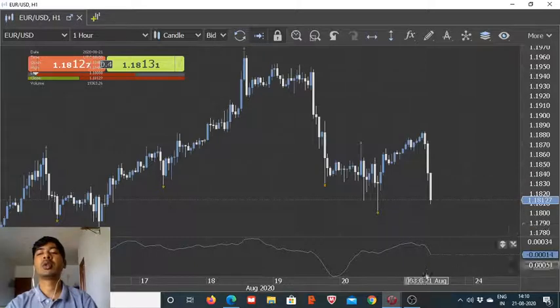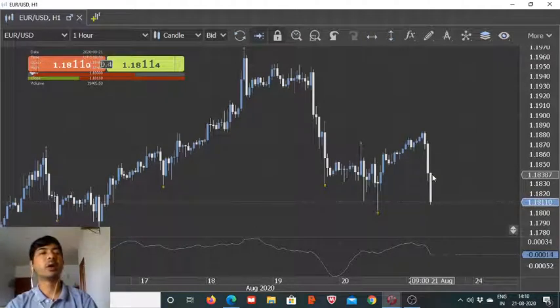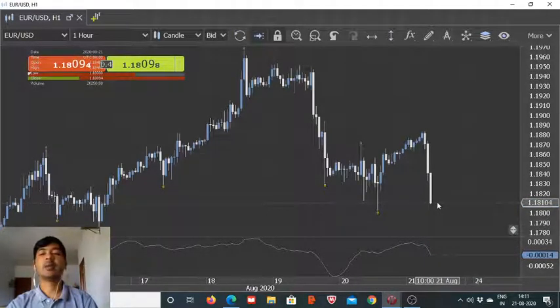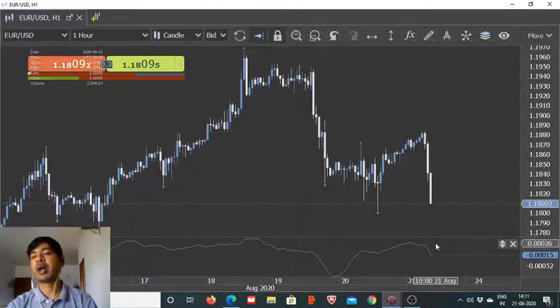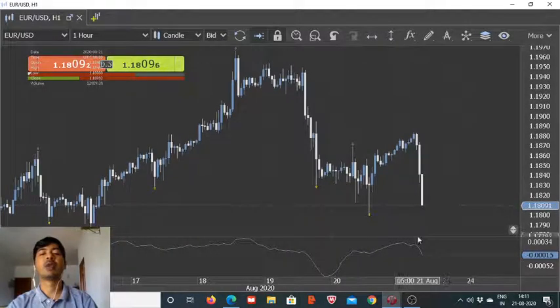Suppose we are looking at the value for 14 time periods, that means the linear regression value for the last 14 time periods was calculated on these 14 candlesticks of Euro USD, and then individually the linear regression slope, that is the slope of the linear regression values, was taken into consideration, and it was normalized by multiplying it with 100 and then dividing that product by the price. So we got it normalized for the price action, and it is a fairly useful indicator.